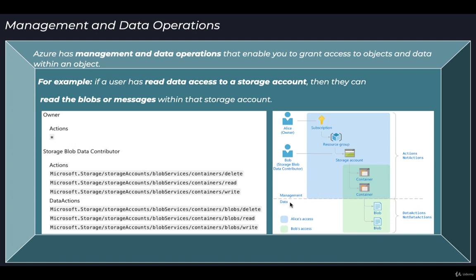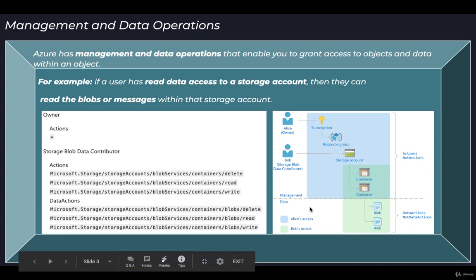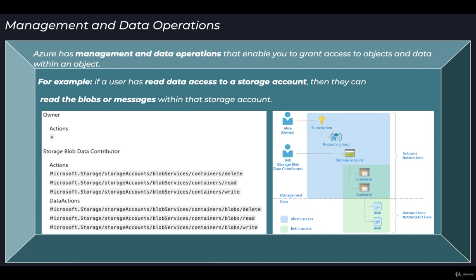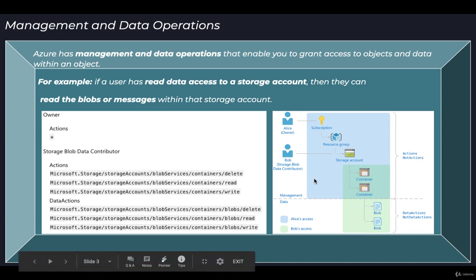So Alice cannot perform the data operations without taking any additional steps. If Alice needs access to the blobs, then additional permissions need to be provided. Alice would have to retrieve the storage access keys, and then she would be able to access the blobs.